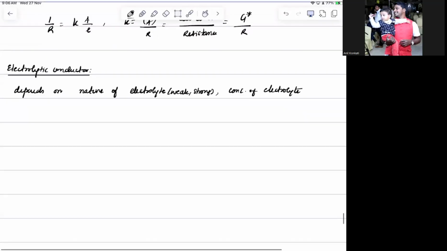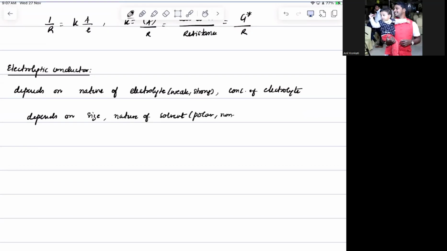It also depends on the size of the electrolyte and the nature of the solvent, as in whether it is polar or non-polar. So when it comes to an electrolytic conductor, a lot of factors need to be taken care of. Clear?